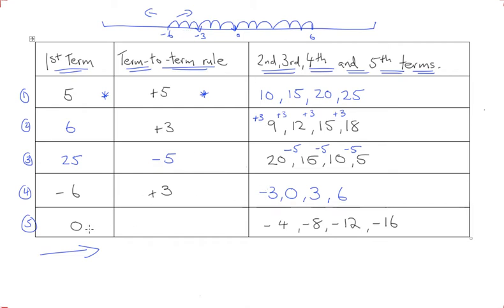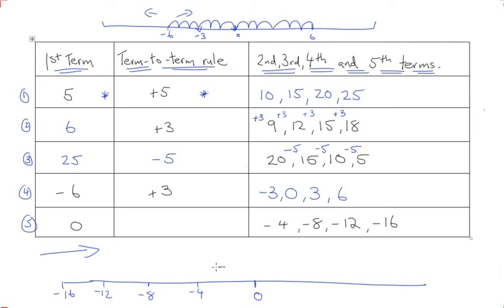Now, let's look at another number line here. We have 0, we're starting at 0. And you can see the second term is minus 4, which might be here, minus 4. Then minus 8 might be here, and then minus 12, and then minus 16. All right?